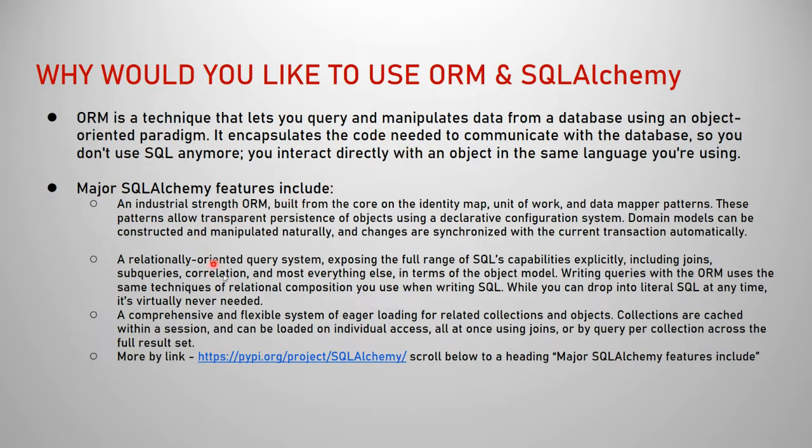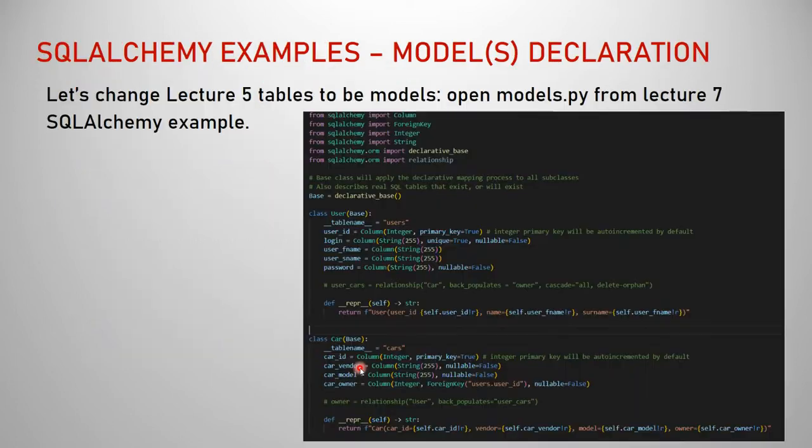So here are the features that SQLAlchemy provides you. Like industrial strength ORM built from the core on the identity map and so on theory. So here is the full list. Why would you like to use SQLAlchemy, guys? And let's start from the first example.